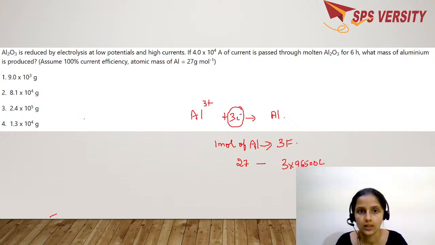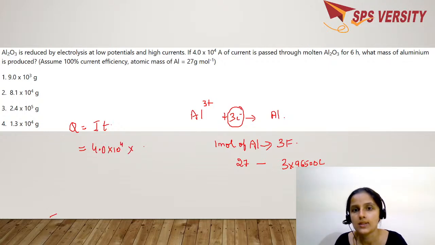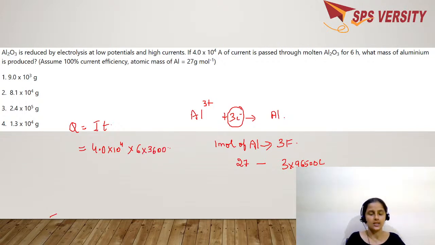The amount of electricity passed is equal to I times t. They have given the current 4.0 times 10 to the power 4 amperes times 6 hours, that's 6 into 3600 seconds, because 1 hour is equal to 3600 seconds. So calculate 4 into 6 into 3600, that's 86,400 into 10 to the power 4.